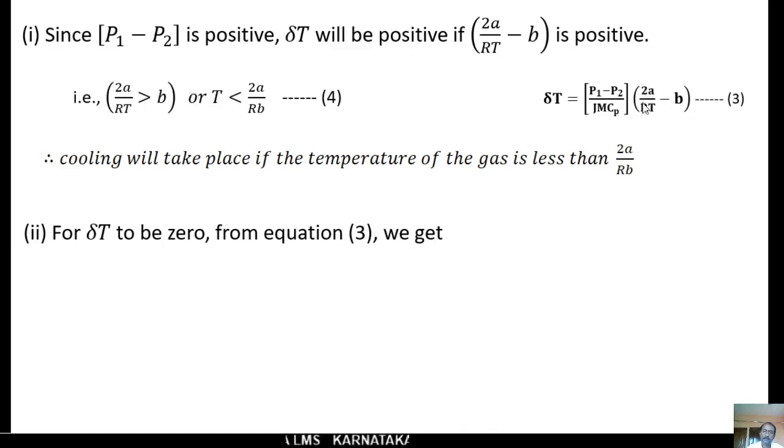That is 2a by RT is greater than the constant B, or the temperature T is less than 2a by RB. In this case, 2a by RT is greater than the constant B, or T is less than 2a by RB, then cooling will take place.